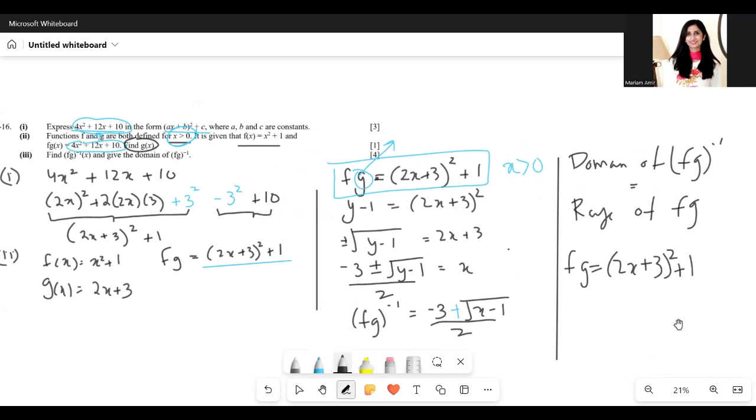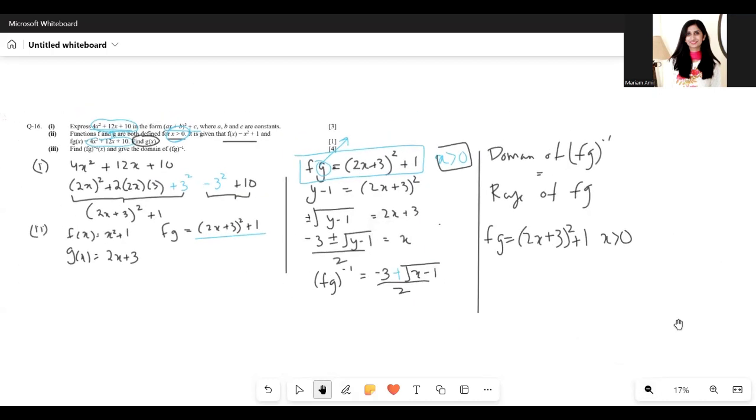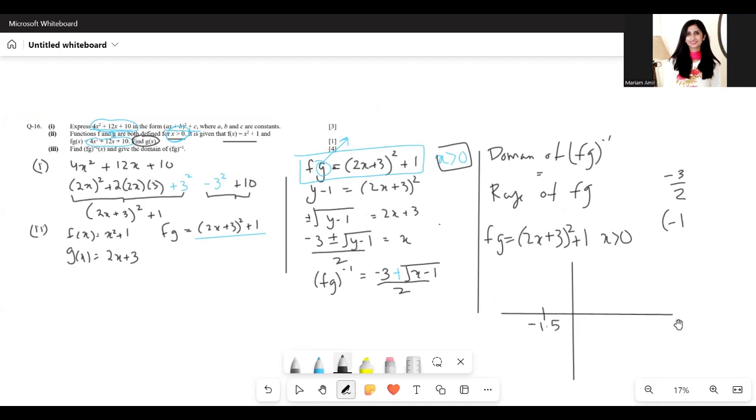And we know that its domain is greater than 0, same as the domain of g. Okay. Now, if we sketch it, we should be able to tell the range of fg. So what will the sketch look like? It will have a turning point at, equate 2x plus 3 to 0. So we get x equals minus 3 upon 2, minus 1.5, comma 1. So the turning point is minus 1.5, comma 1.